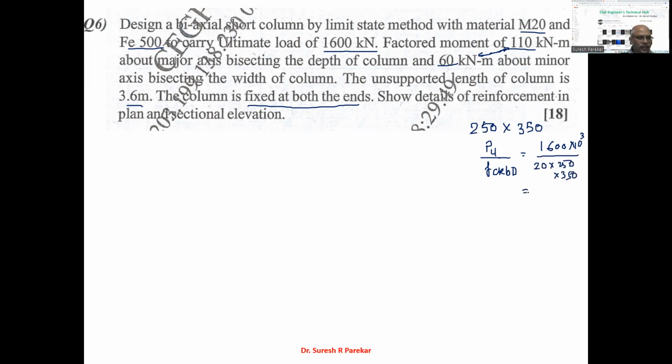If I calculate this value, I get 0.91. Now we are going to assume p by fck. So p we will assume as 2% and fck we have 20, and from this we get the value 0.1.